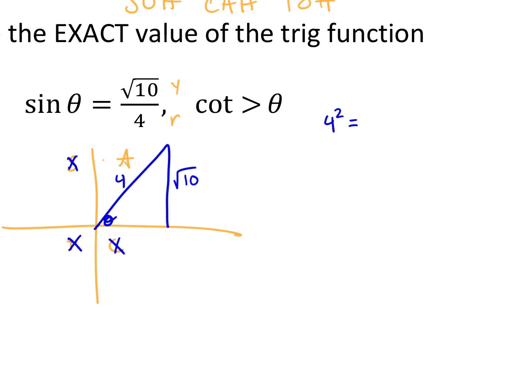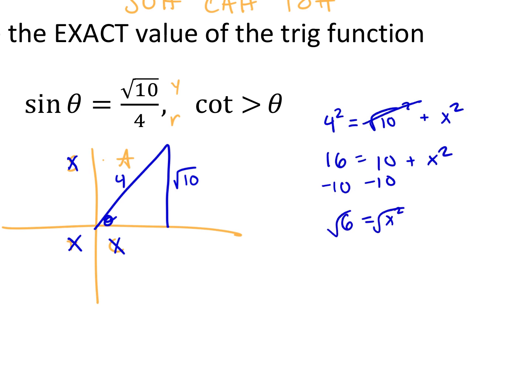So 4 squared is equal to square root 10 squared plus x squared. 4 squared is 16. What's the square root of 10 squared? 10. So subtract 10: 6 is equal to x squared. So x is the square root of 6.